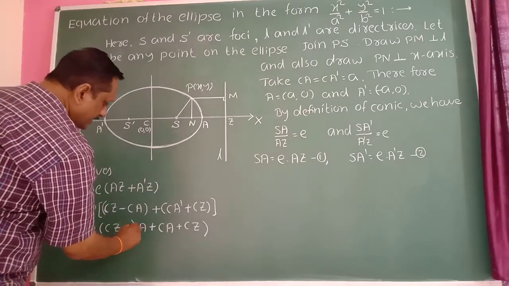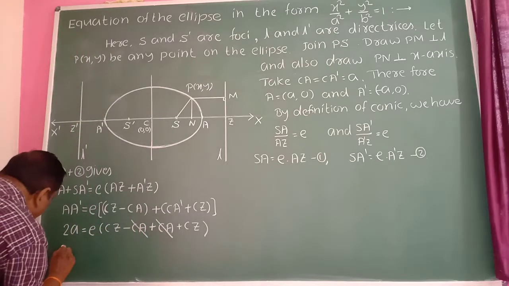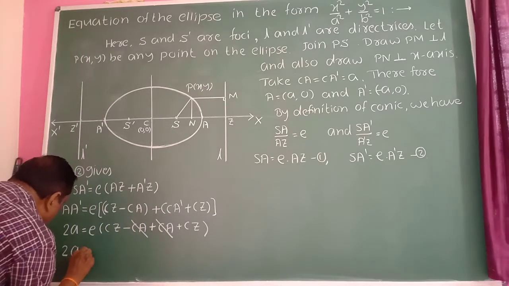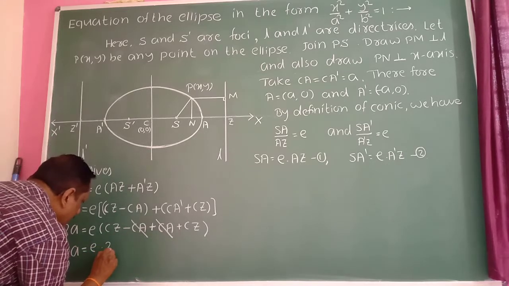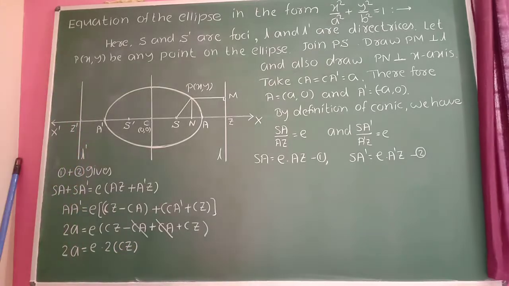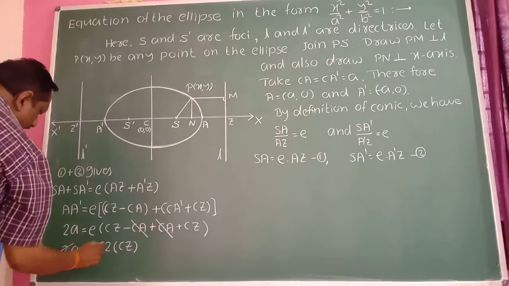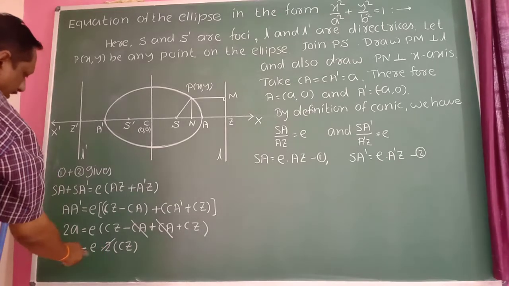Then minus CA plus CA cancels. Then 2a is equal to e into CZ plus CZ, which becomes 2 times CZ. This 2 and this 2 cancel. Take e to this side: a upon e is equal to CZ.